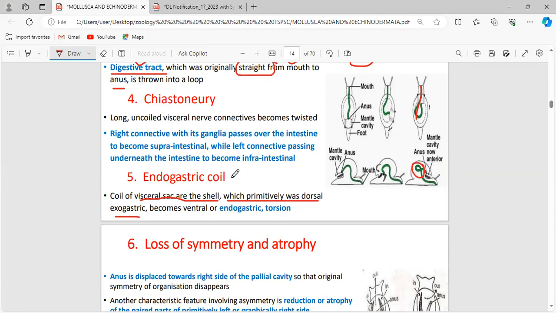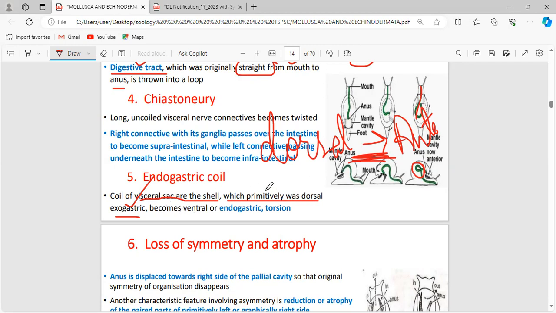Initially the shell will be present in the dorsal and in the anterior region. Dorsal and anterior means that particular shell is said to be exogastric. Okay, just have a note of it.